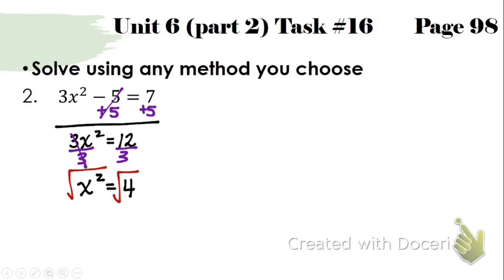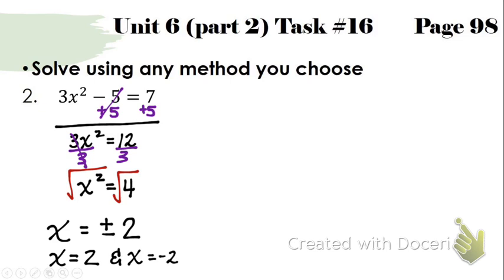Close. How many answers do we get when we square root? Positive 2 and negative 2, because when we take the square root of something, we get both the positive and the negative result. So x equals positive 2 and x equals negative 2.